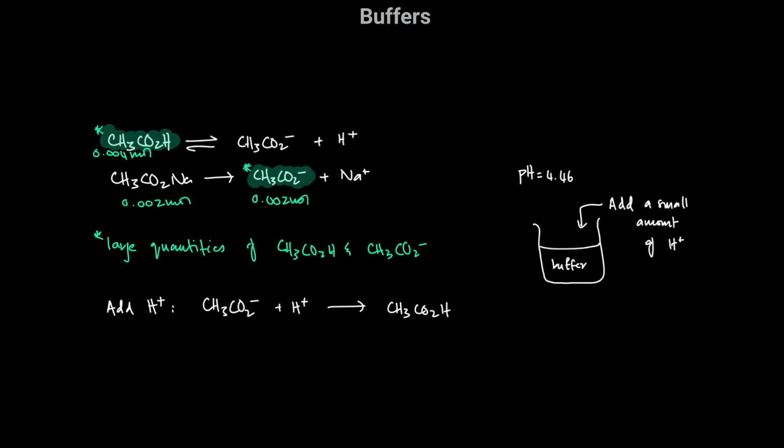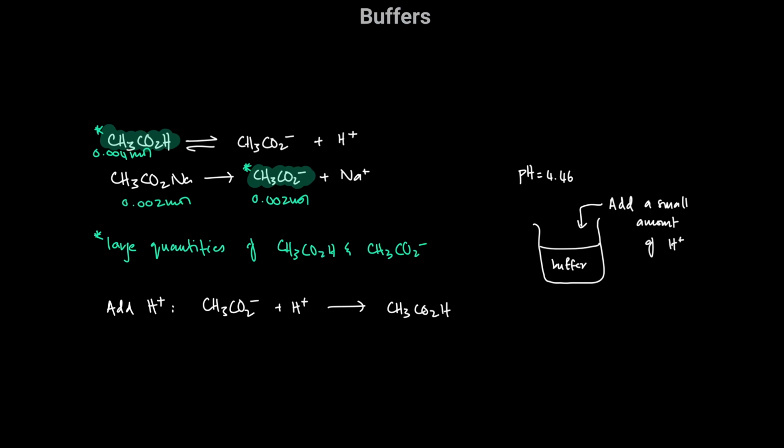Now the idea is this: if I add a small amount of H plus, because I have so much conjugate base present, it pretty much reacts with all of that H plus, and the concentration of the conjugate base decreases by a very, very small amount, because there's such a large amount present.